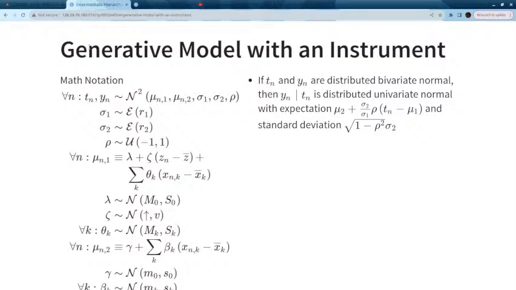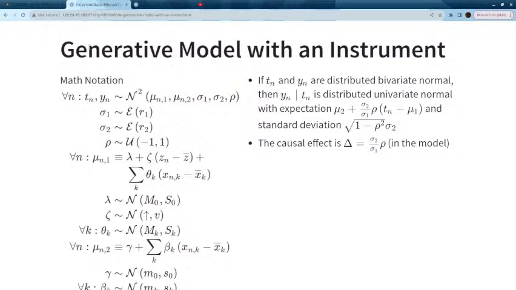And similarly, the conditional standard deviation is going to be scaled down by the square root of 1 minus rho squared.